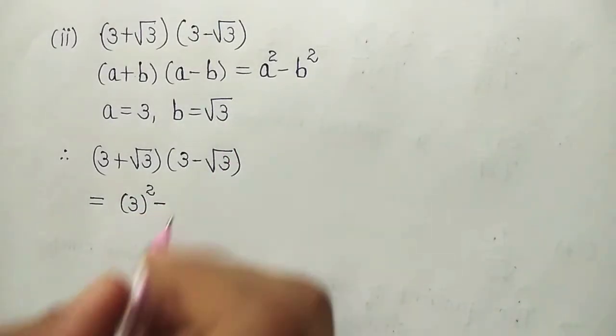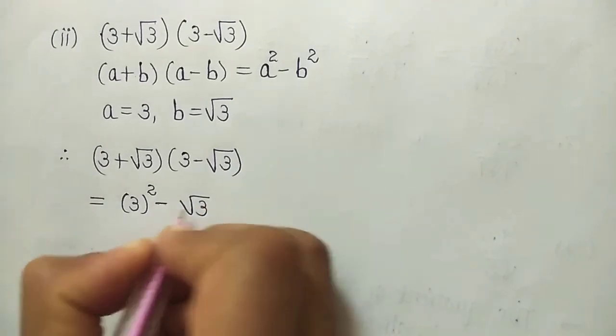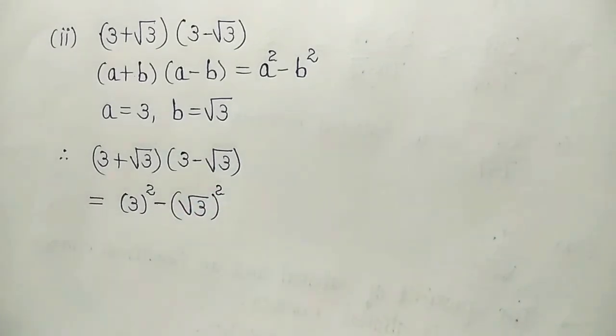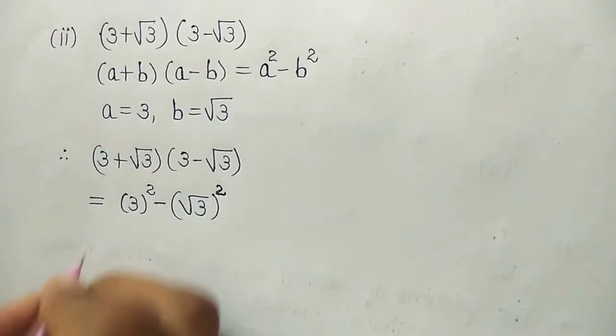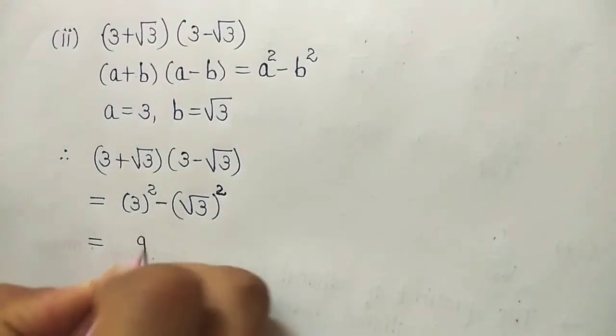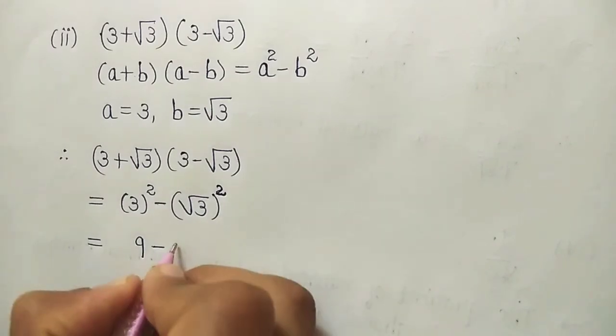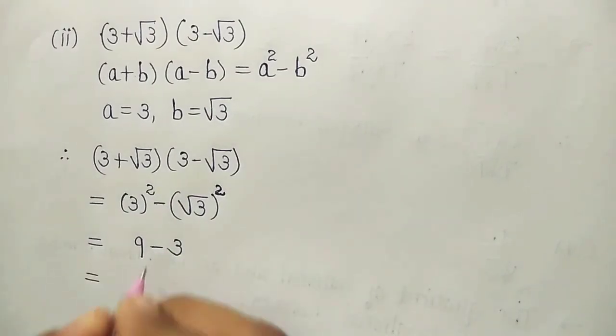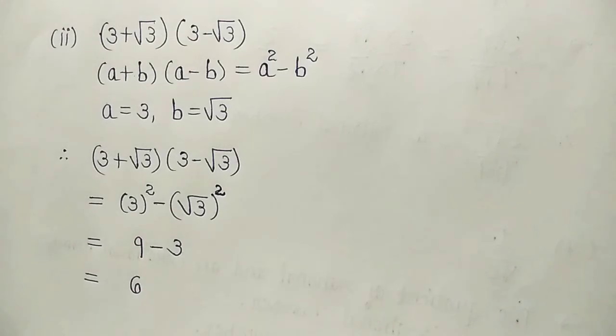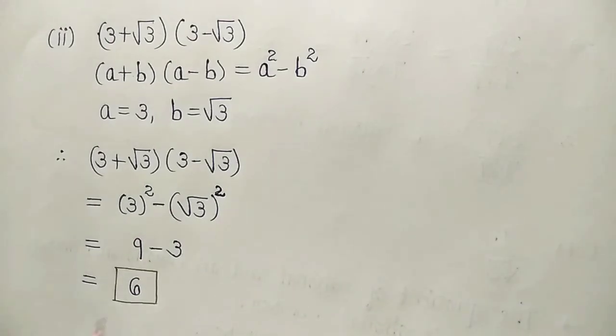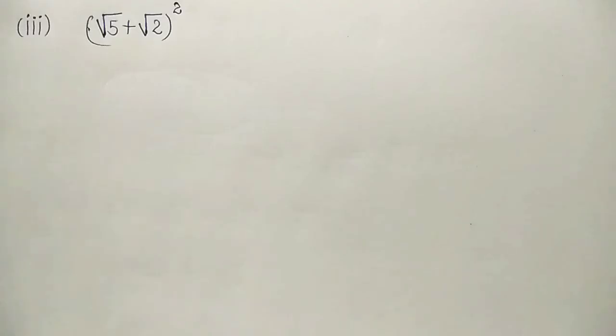B is square root 3, so square root 3 square. Now 3 square is 9, minus square root 3 square, that is 3. 9 minus 3 is 6. So this is the answer for the second.